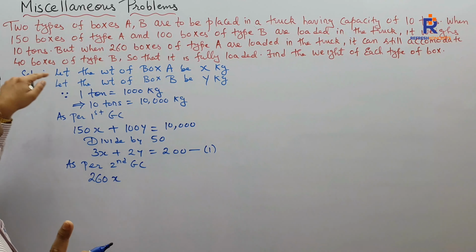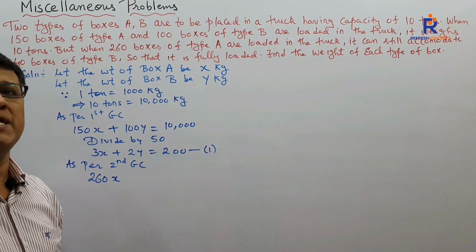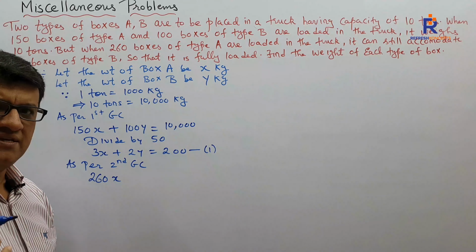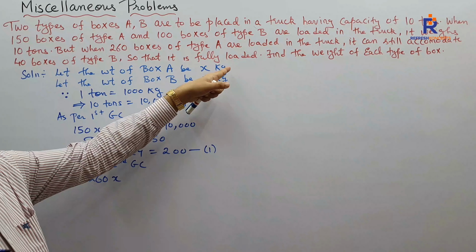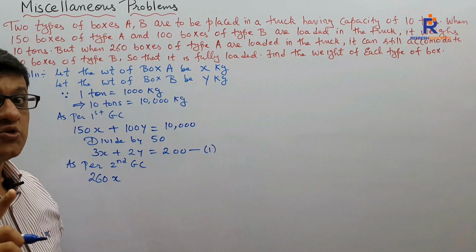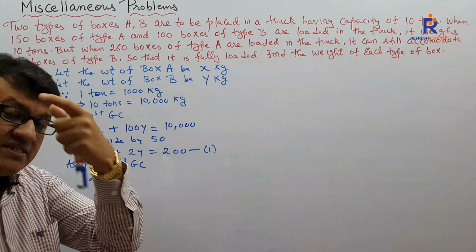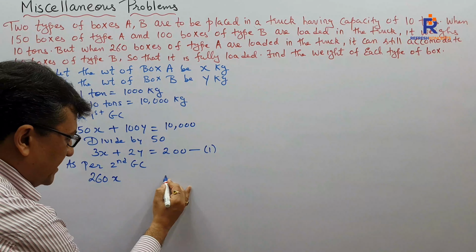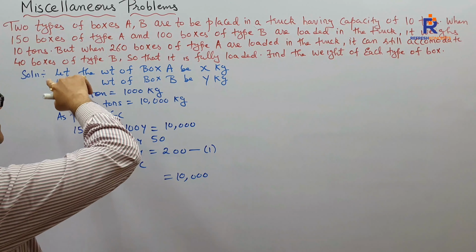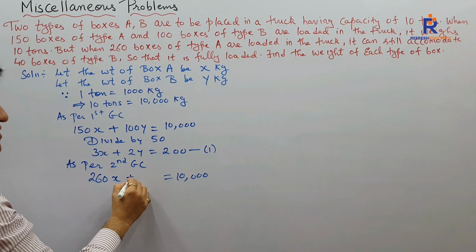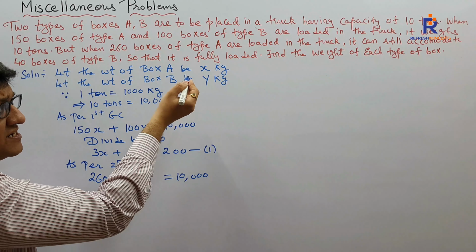It can still accommodate 40 boxes of type B. Means when it says it can still accommodate, so that it is fully loaded, it can still accommodate to its fullest capacity. So what is the fullest capacity of the truck? 10 tons. So let me write down 10,000 kg. It can still accommodate 40 boxes. That means we can easily place 40 boxes of box B.